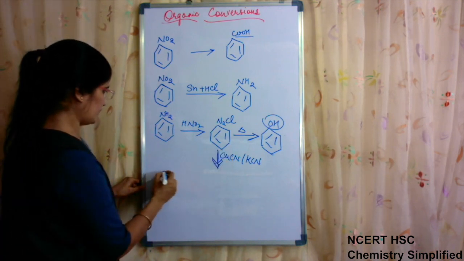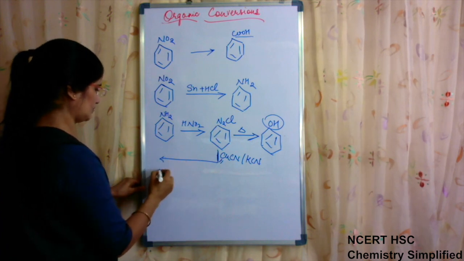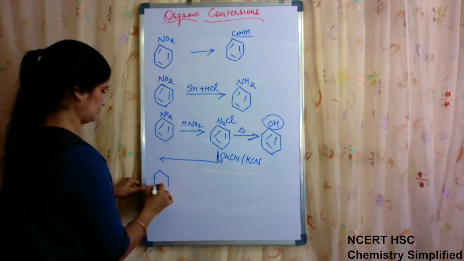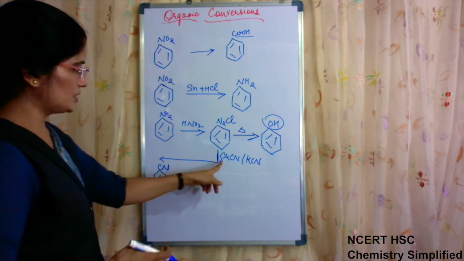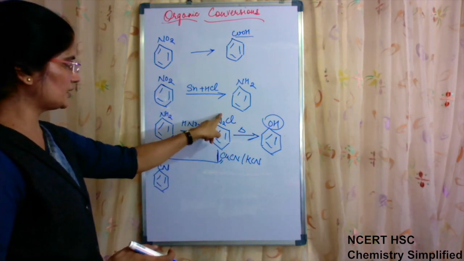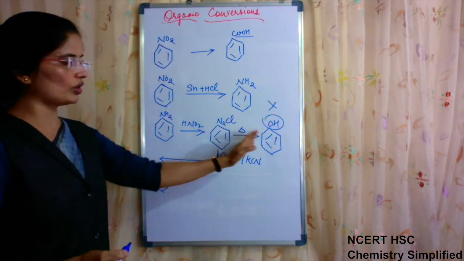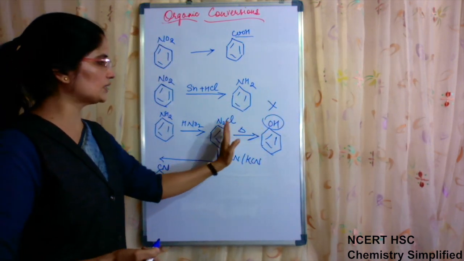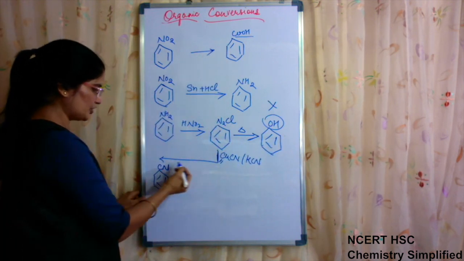So from here we will convert it into cyanide. CuCN and KCN will convert this compound. That means this pathway can help us if we want alcohol, but this pathway will not help us if we want acid. So cyanide conversion will help us.